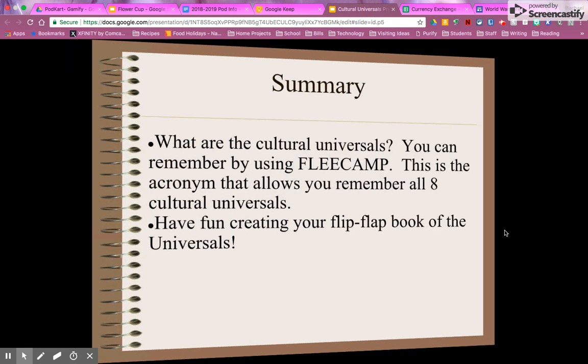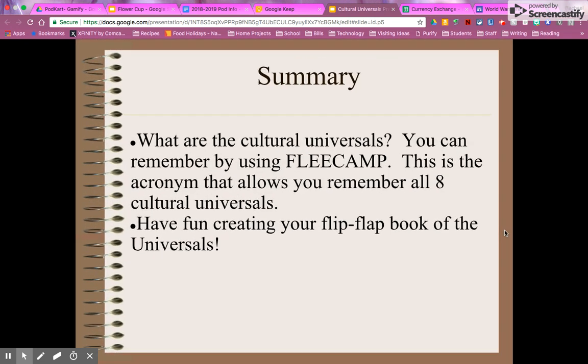All right, so let's go through these again. F stands for family structure. L, language. E, education. E, economics. C, conflict. A, arts, play, and recreation. M, material goods.